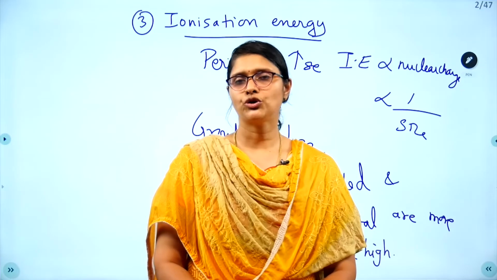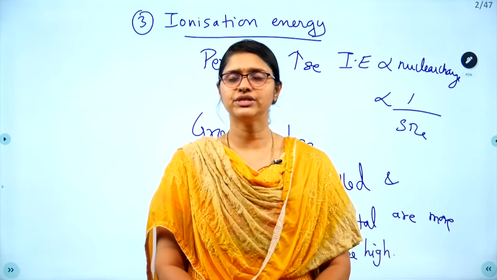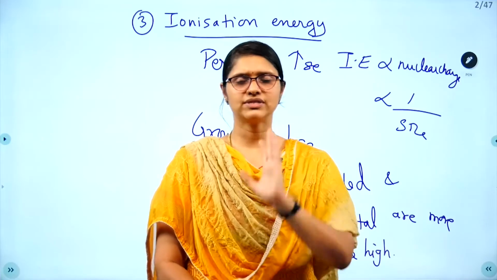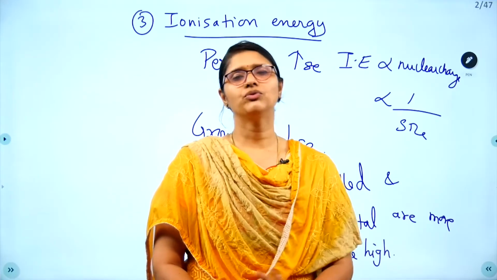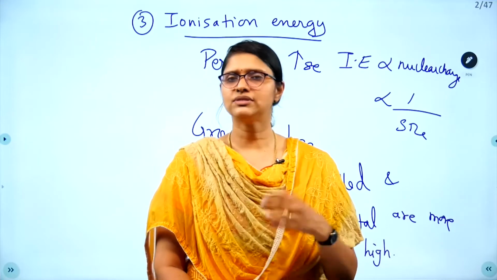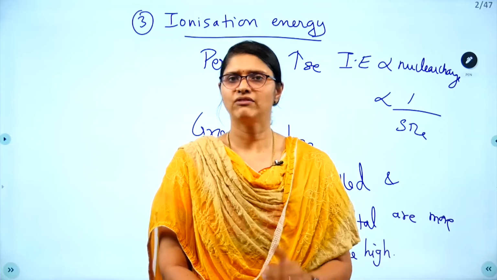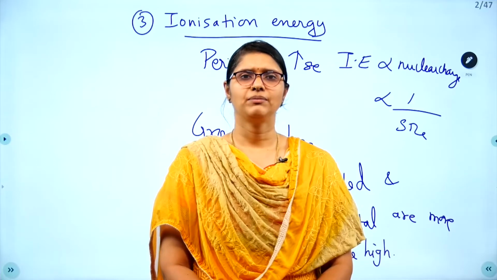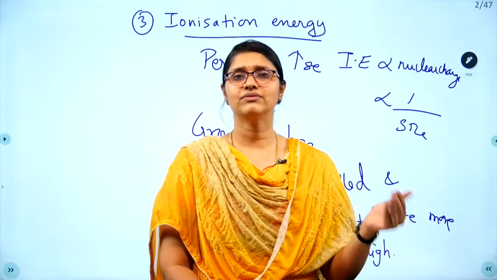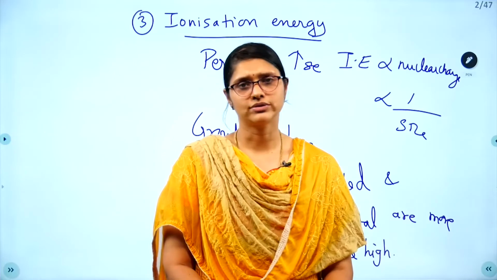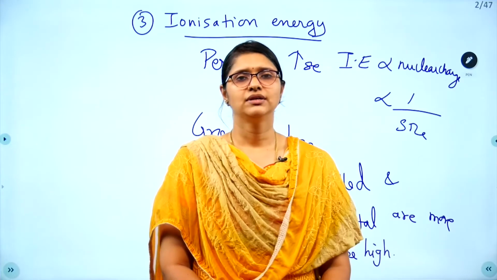If you remove one electron, it is called the first ionization energy. If you remove another electron, it is called the second ionization energy. Ionization energies will always be more as you remove successive electrons.